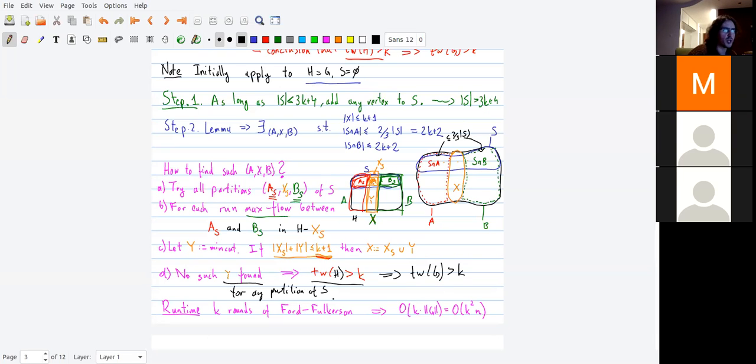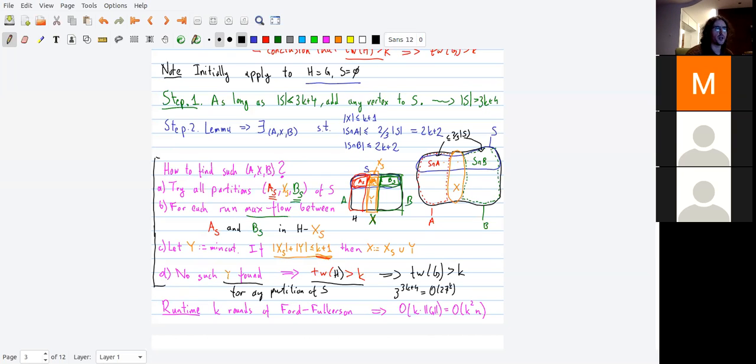Just as an end note, what is the running time of this whole procedure of finding a suitable separation A, X, B? Well, we are trying 3 to the power 3k plus 4 different partitions of my set S, which is of order 27 to the power k, and this is the factor why this 27 will come into play.